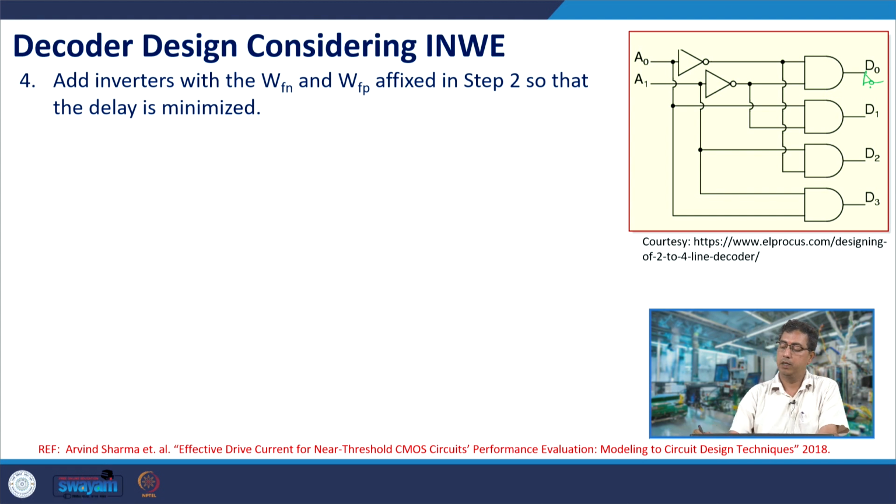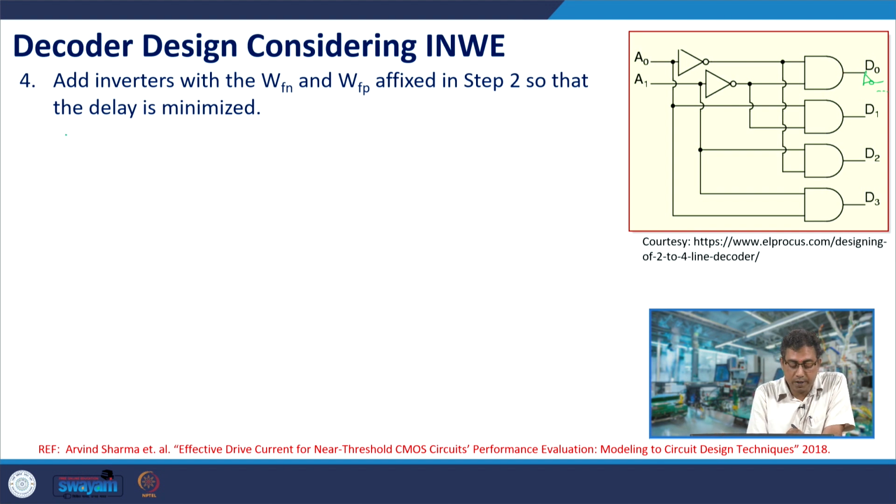How will you add? As we did in the previous lecture for buffers. You will say that the delay for a given number of stages, for example, here in this path A1 to D0, you have 2 stages.